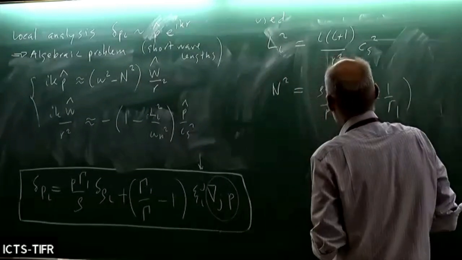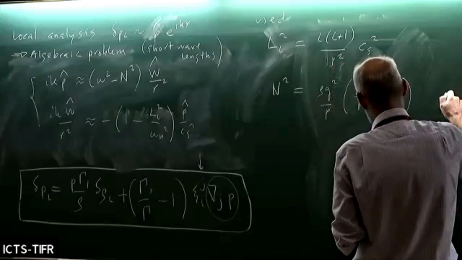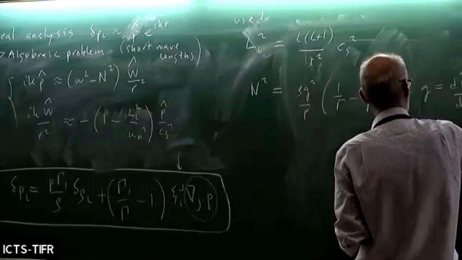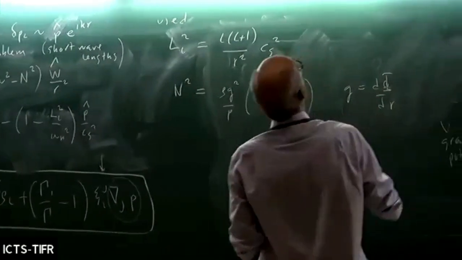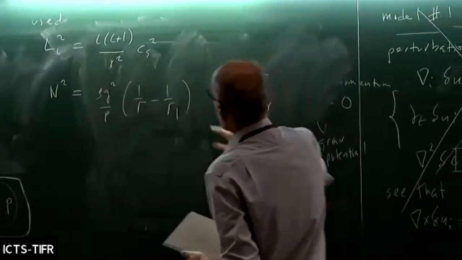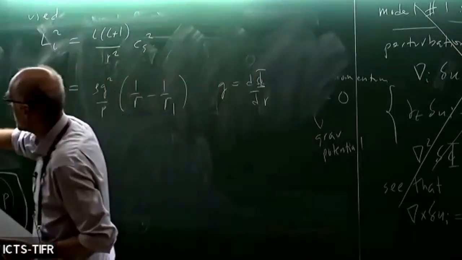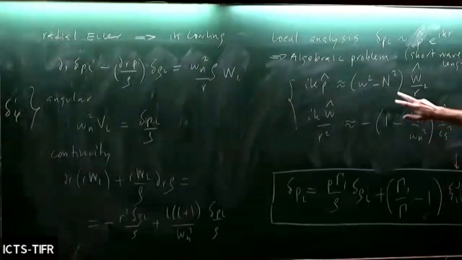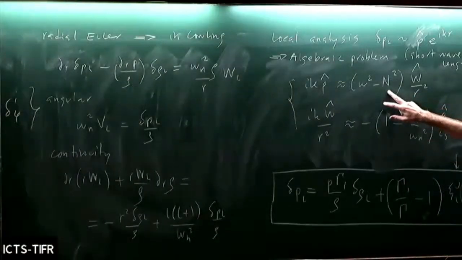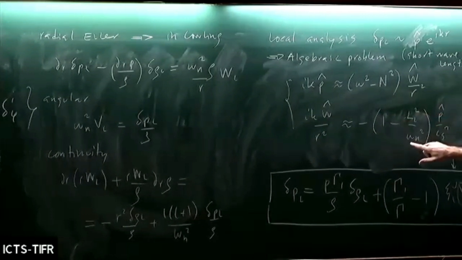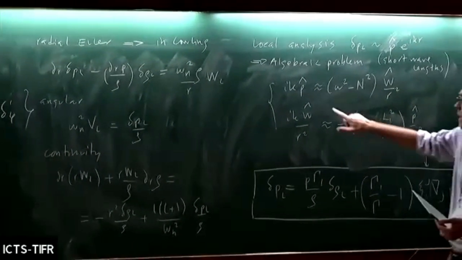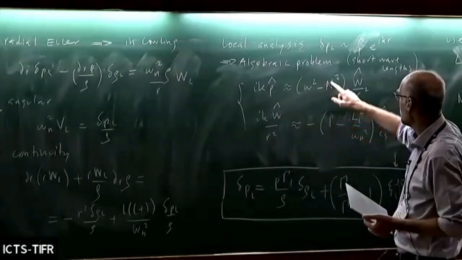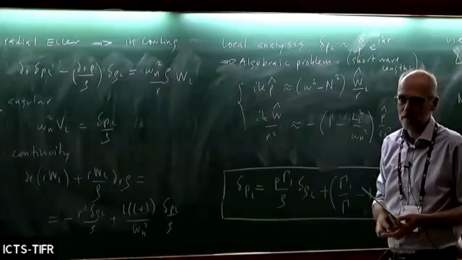So that's a definition, where g is just d phi, the background potential, dr. So this is something that involves the sound speed, it's sitting here. This is something that involves this factor that we picked up over here, and it's sitting there. Okay? And now we solve these two. That's really easy because it's a 2 by 2 matrix problem, right? I just multiply these two together, and I get a dispersion relation.